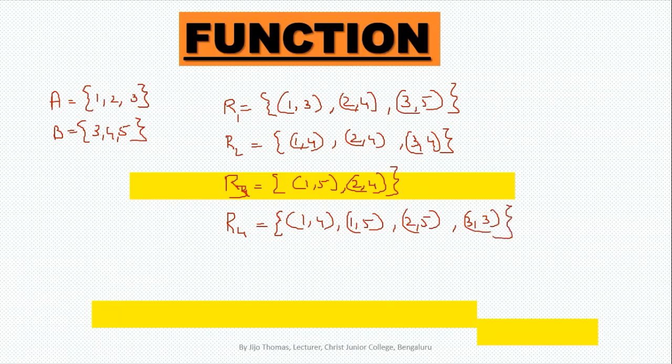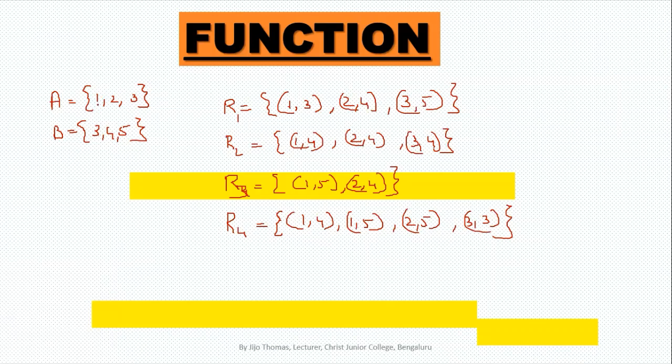This particular relation is said to be a function if, in simple words, two conditions are satisfied. First one, every element of the first set, this is a relation from A to B, which I had written, should be there as first element, and it should not repeat.